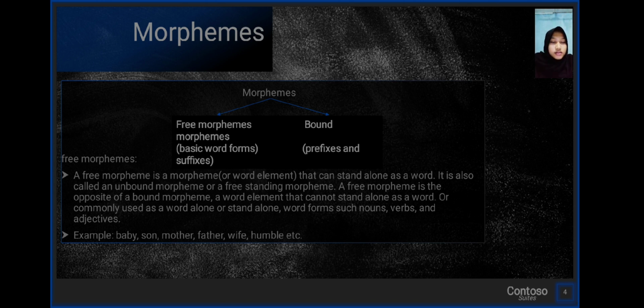The next one is types of morphemes. Morphemes themselves are divided into two: free morphemes and bound morphemes. A free morpheme is a basic word form, and bound morphemes are prefixes and suffixes. So, the definition of free morphemes: a free morpheme is a morpheme or word element that can stand alone as a word.